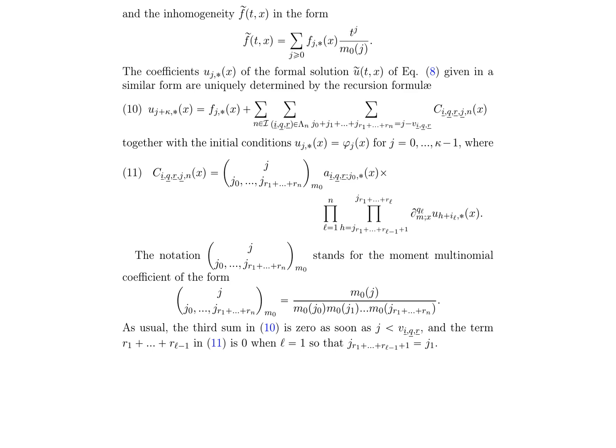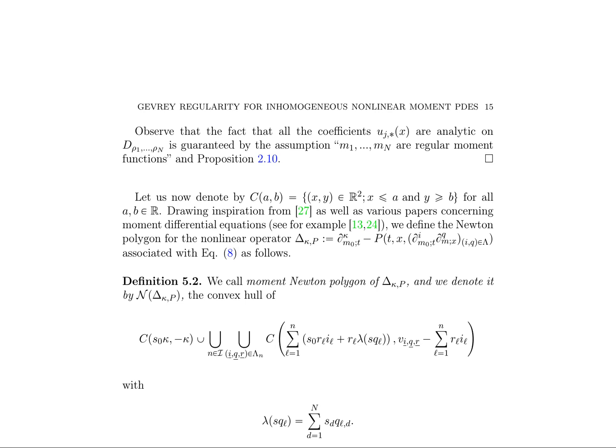Importantly, the third sum in equation 10 vanishes when j is less than v_{q,r}, and the term in equation 11 is 0 when l equals 1, resulting in j_l equals j1. The paper discusses the Gevrey regularity for inhomogeneous nonlinear moment partial differential equations, PDEs.